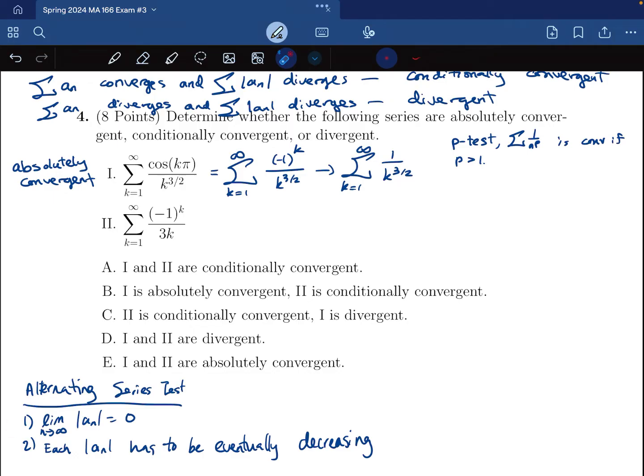So since both conditions are satisfied, we can say that this series is at least conditionally convergent.